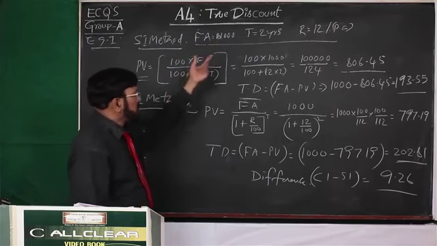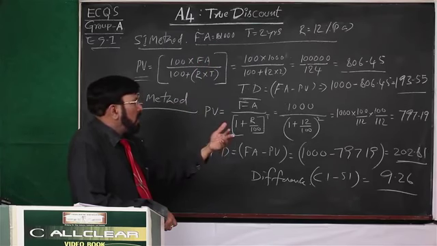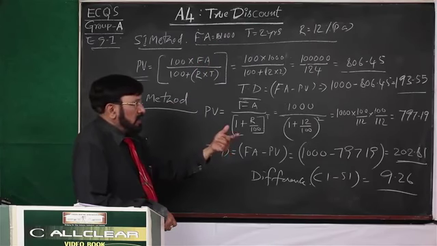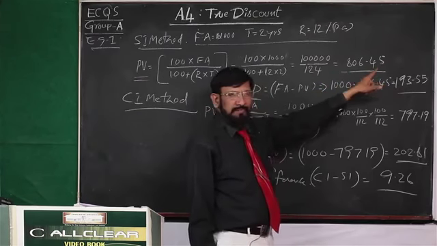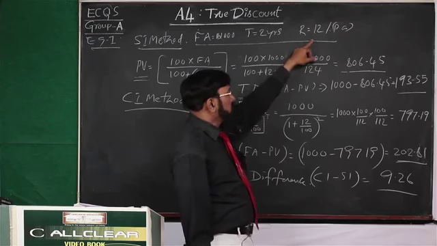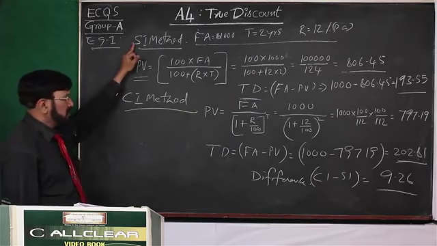Inversely, 1000 rupees which is due after 2 years, the present value is 806 rupees 45 paise at 12% rate, and the calculation is according to the simple interest calculation method.